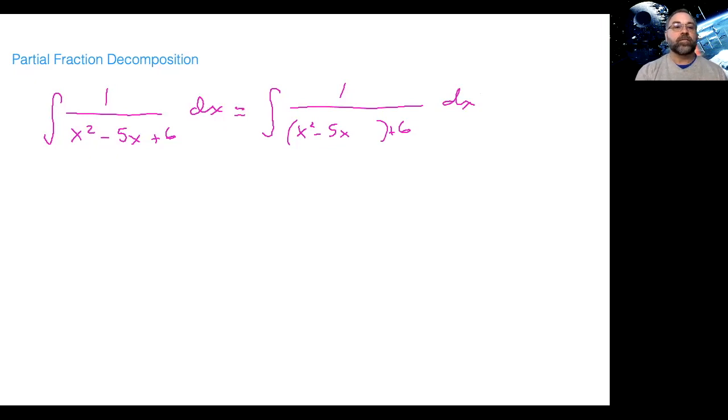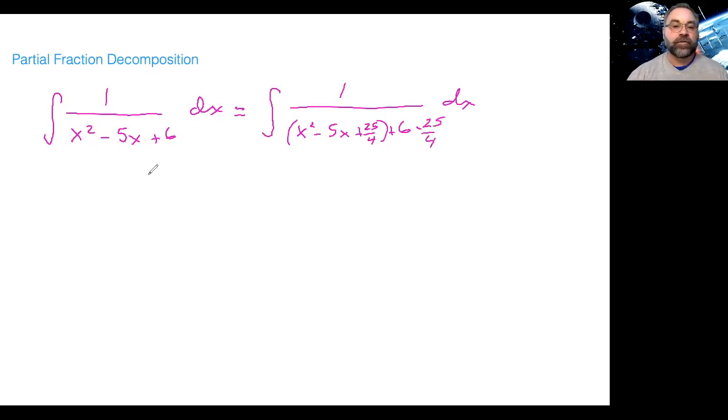What would we love to see added right there in the parentheses that would make this a nice perfect squared trinomial? Again, you look at your b, 5, and you cut it in half, 5 halves, and you square that, and so you get 25 fourths. Since we're adding 25 fourths, we will simultaneously subtract 25 fourths.